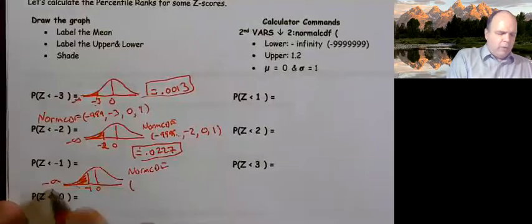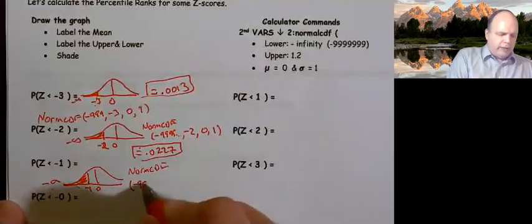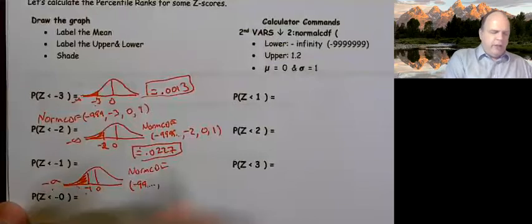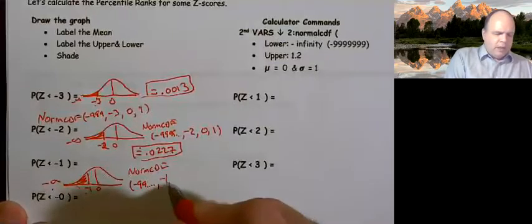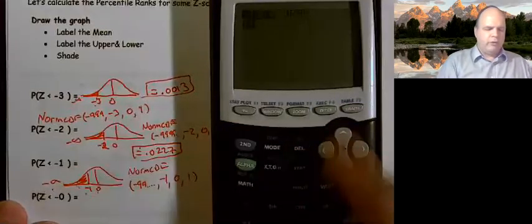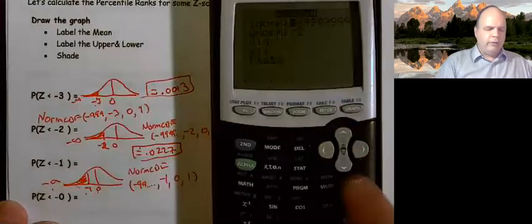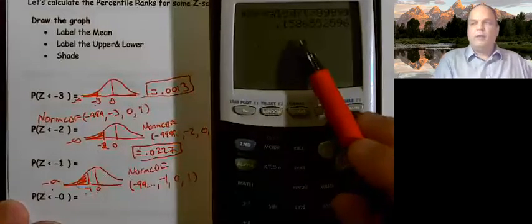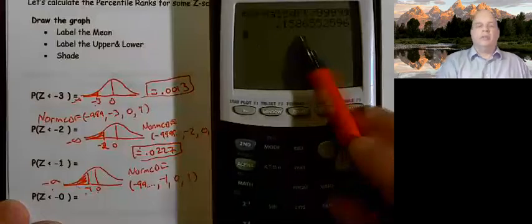My lower, well, we went to negative infinity, so -99999. My upper bound is -1. My mean is 0. My standard deviation is 1. Second vars, normal CDF, -99999, -1, 0, 1. And we end up getting 0.1586.